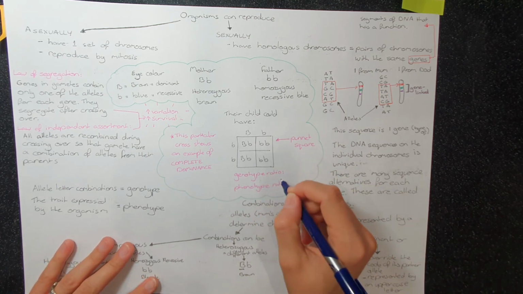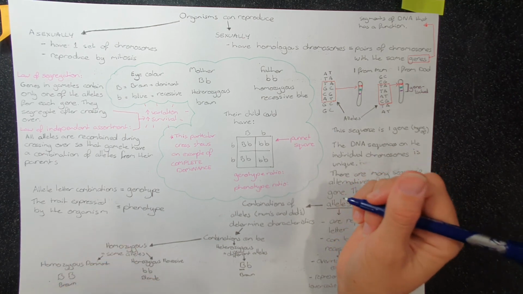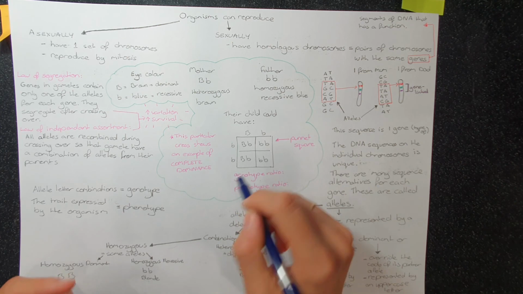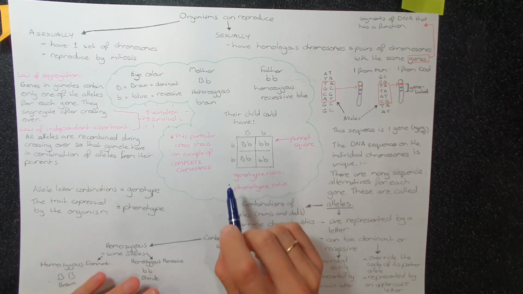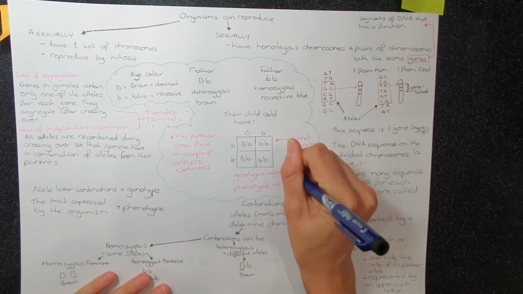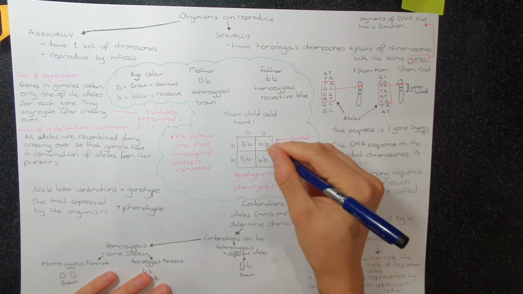So I'm going to write out my genotype ratios first. This is where we work out what portion of the offspring are likely to have a particular type of genotype. So if I look at this, I've only got two types of genotypes. I've got a big B and a little b, and I have a little b and a little b.